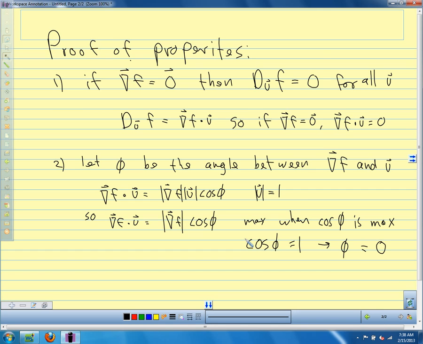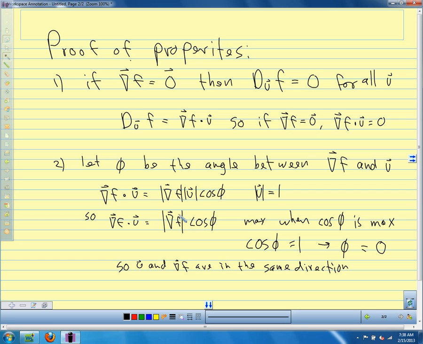The angle between our unit vector and our gradient is 0. And the magnitude of that maximum directional derivative is just the magnitude of del f, because the cosine of 0 is 1. So that property follows directly from this.